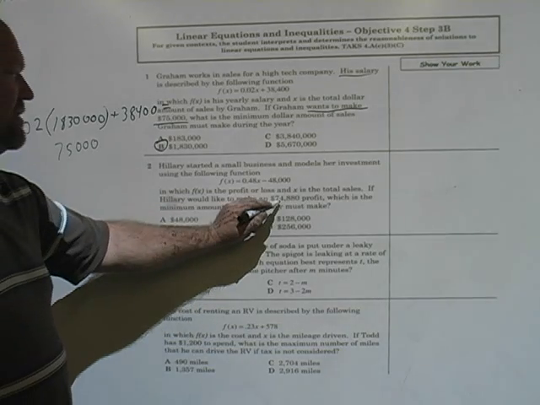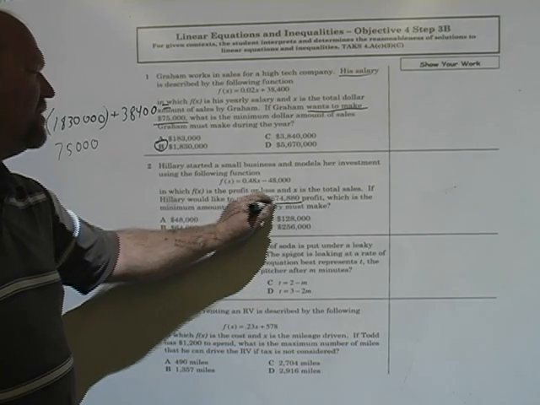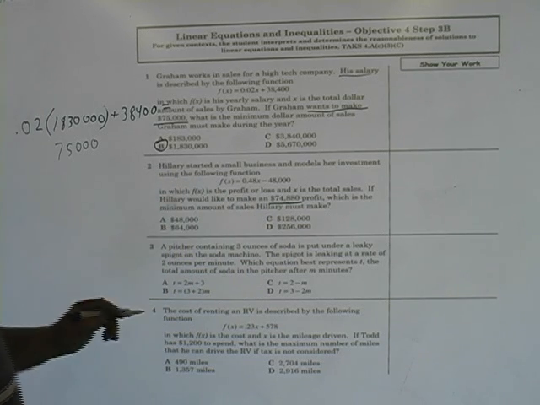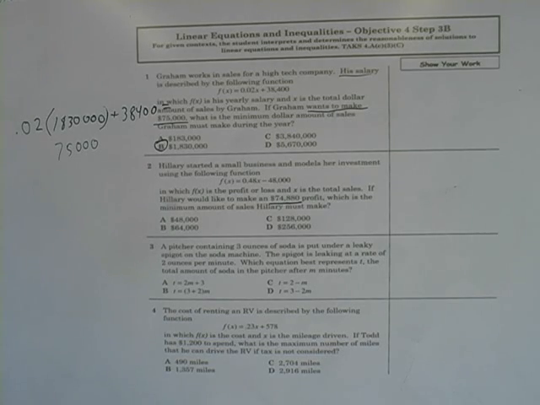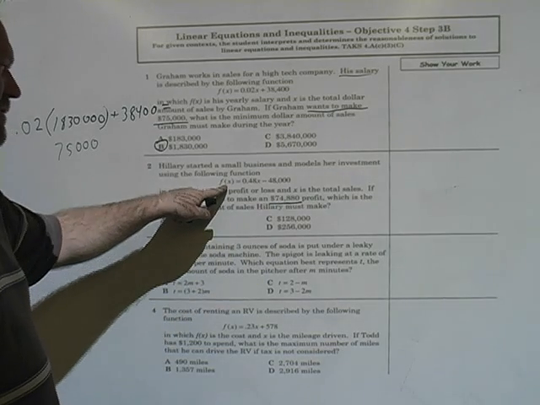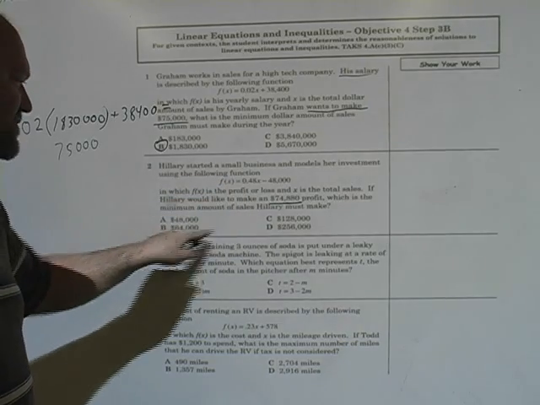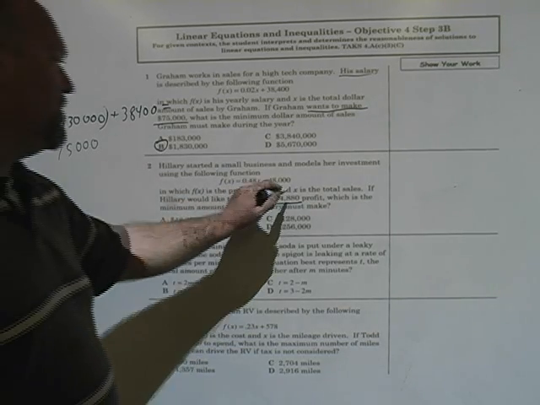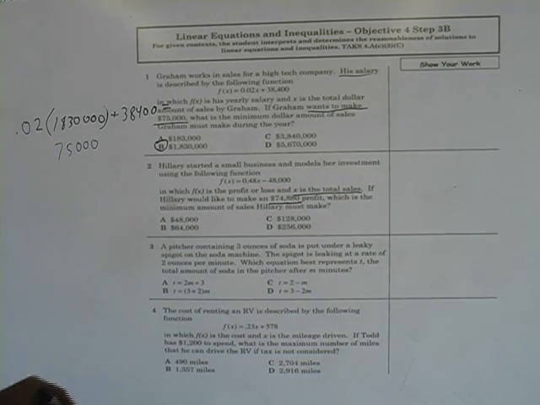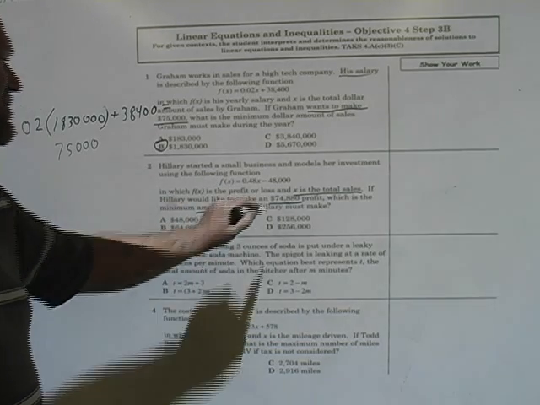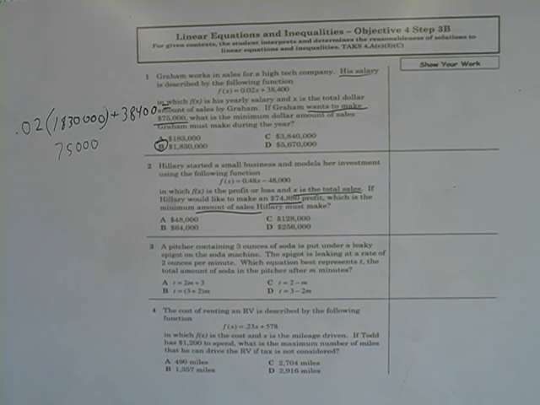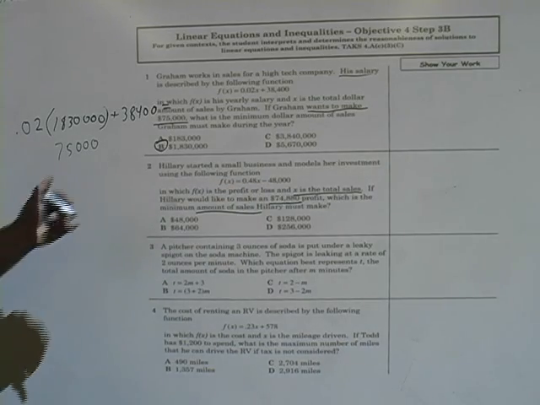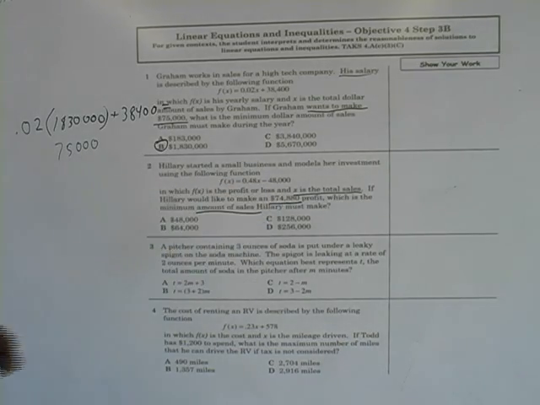Hillary wants to make this much profit. So that's the amount that's going to go out here. So when we plug these answers in for x, the x is the total sales, and they're asking us how much amount of sales she must make. So you're plugging these in for x until you find the one that gives you this amount of profit.